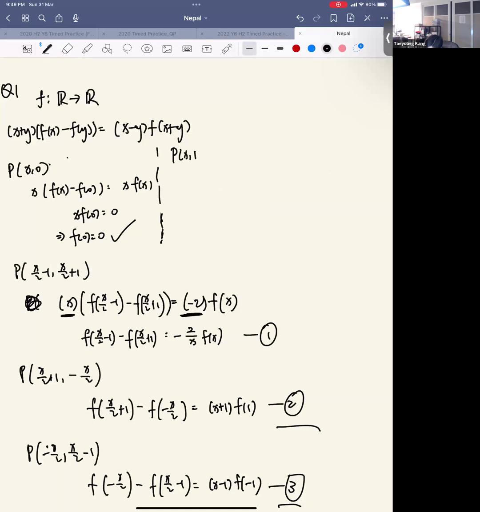P(x, 1 minus x) will give you f(x) minus f(1 minus x) equals, what do you have, 2x minus 1 times f(1), correct? Then put x equals 1 minus x in the output function. Wait, what do you mean by put x equals 1 minus x in the output function?